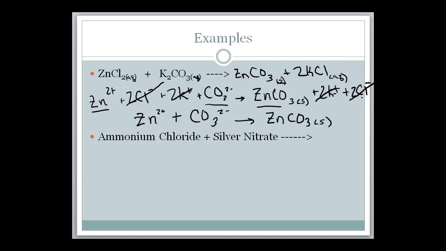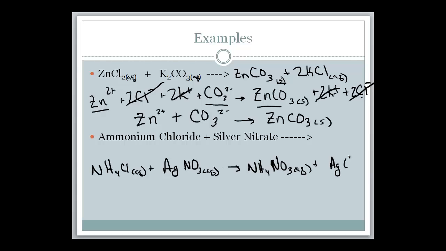All right, let's do one more. Ammonium chloride, aqueous, plus silver nitrate, aqueous, forming ammonium nitrate, aqueous, and silver chloride solid. Let's write everything in ionic form.